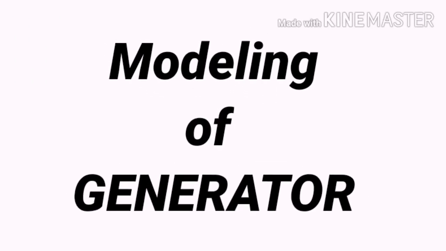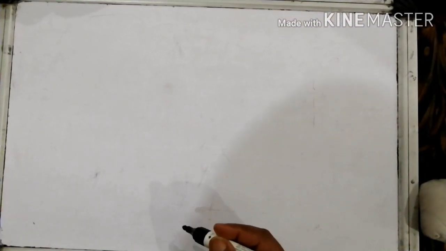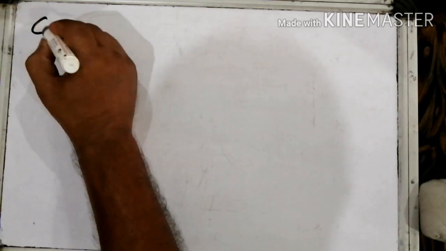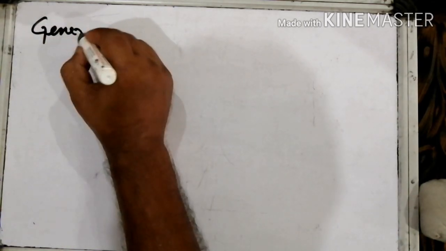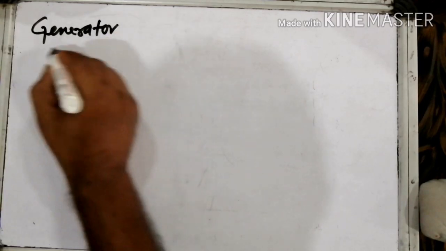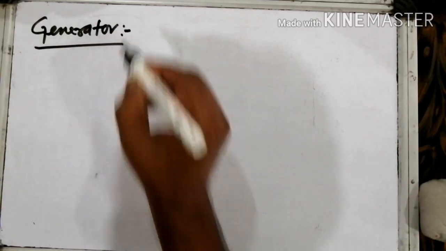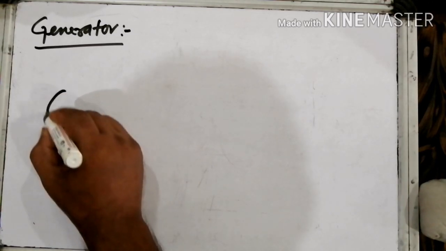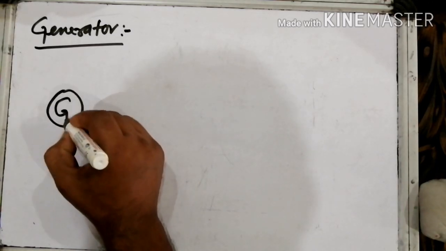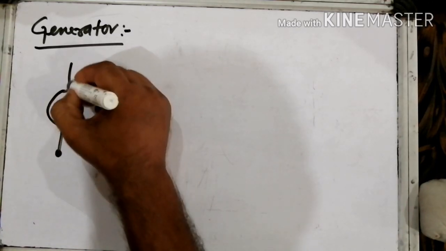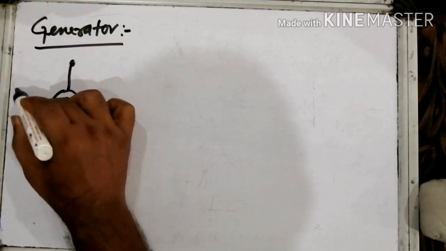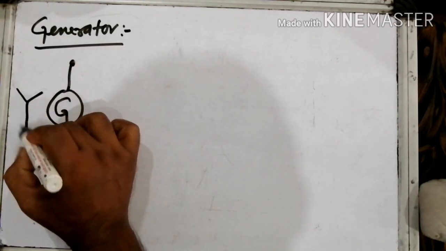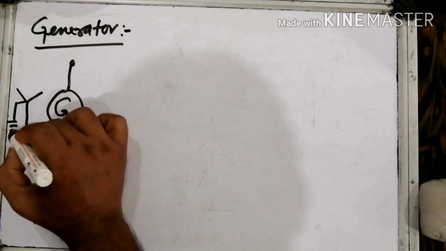Now see the modeling of a generator. The first component is generator. Before the single line diagram, into the actual system and in per unit system, it is necessary to see the actual diagram of the different components of power system.